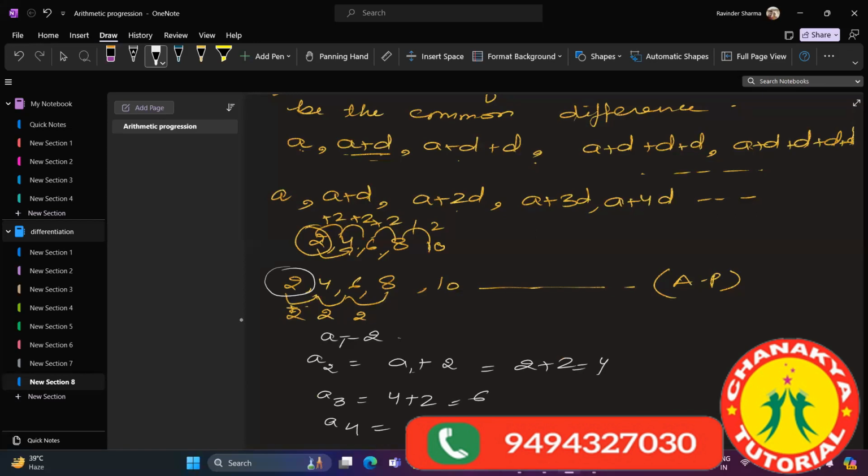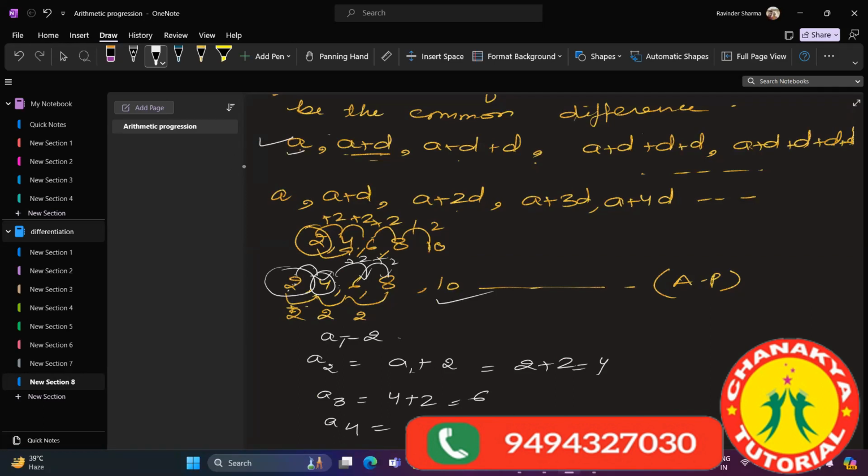So when you add the common difference to the preceding term, you get the sequence. This is called AP. So I have generalized this AP with A as the first term and d as the common difference.